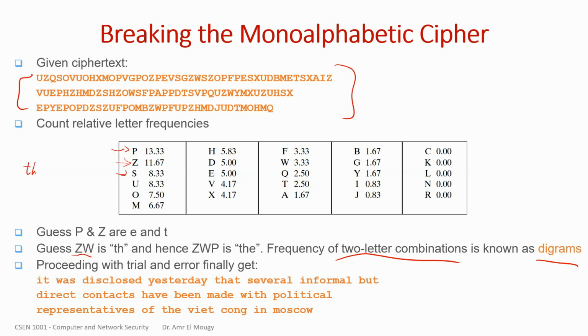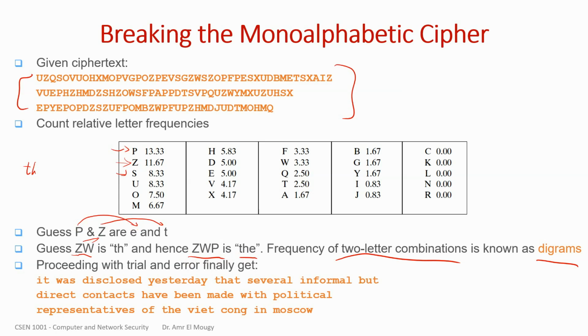And then this will confirm your first guess. In the first guess, we said that Z corresponds to T. Now, if we say ZW corresponds to TH, then this confirms your guess. So now you have an additional clue that you are on the right track. And so you can guess that now ZWP is the, because you guessed in the first step that P corresponds to E. So now ZWP becomes the.